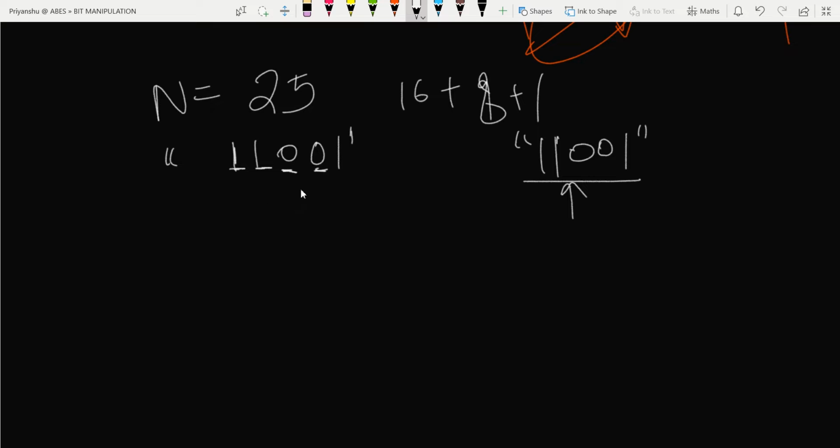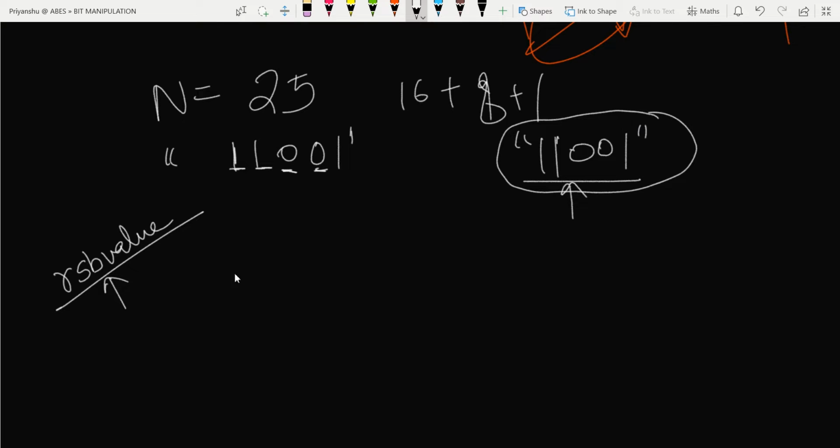Now what we are trying to do is find the rightmost set bit value. The rightmost set bit in this collection of bits is 00001. After calculating it, we keep a counter.